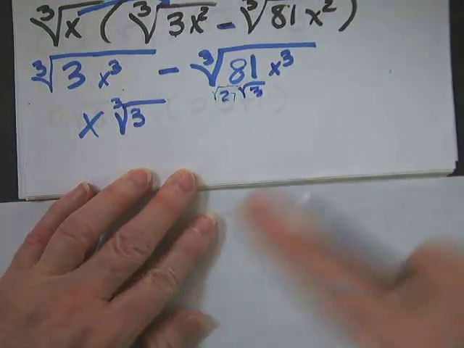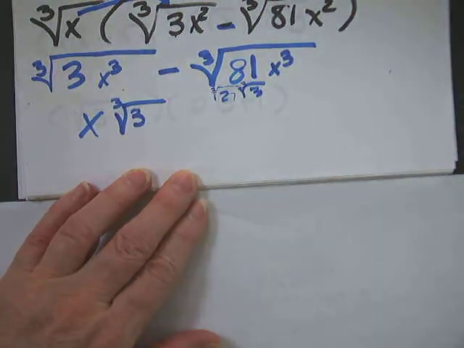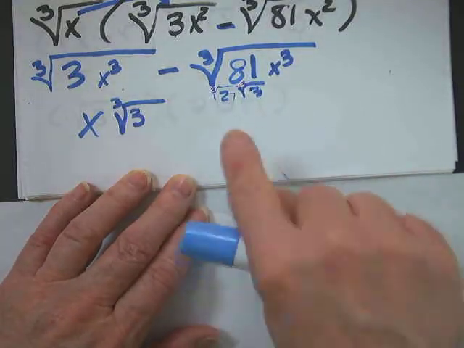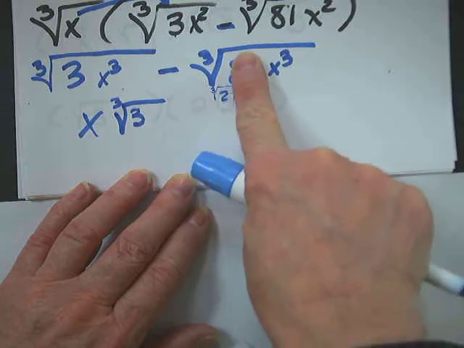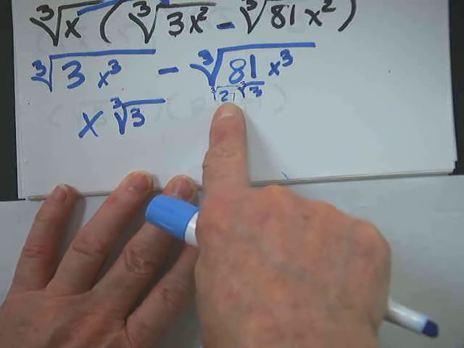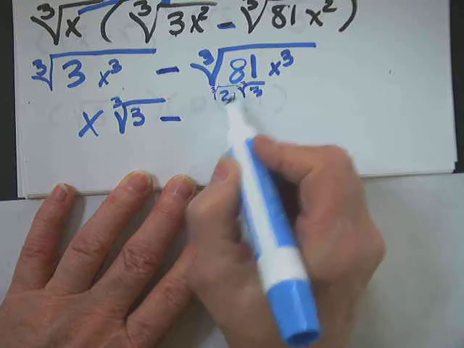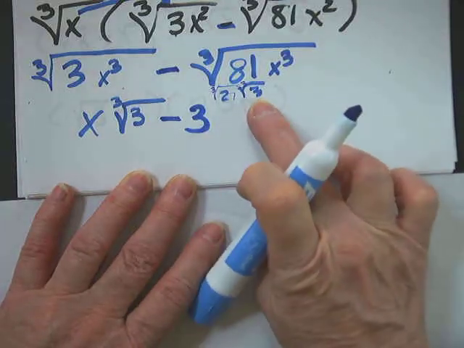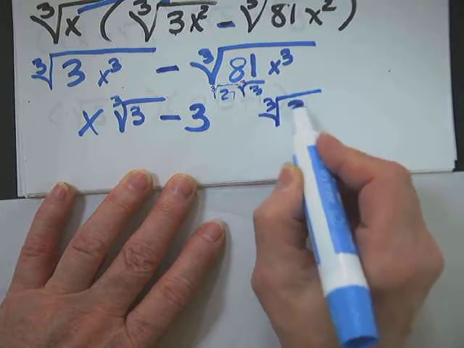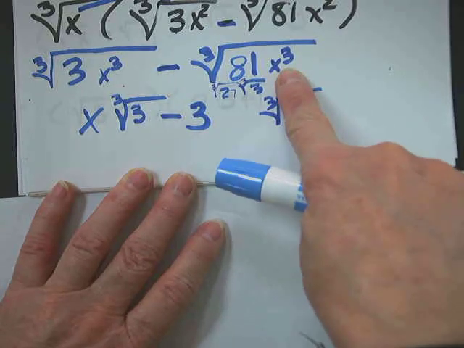Okay. So, the 3, we know that's going to have to stay. There's no way that's going to come out. So the cube root of 3 stays under. The x cubed comes out as what? X. Right. Okay. 81, we could actually, what cube root will go into 81? 27, right. Times 3.